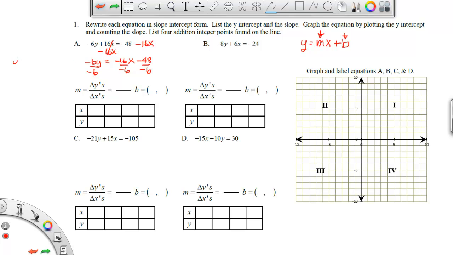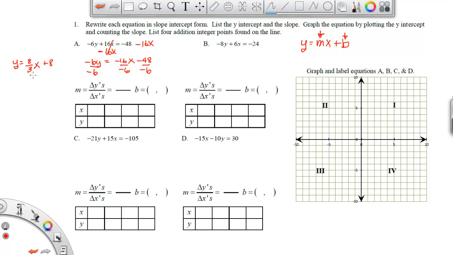So we've got y equals, this simplifies to 8 over 3x. 2 divides the top, 2 divides the bottom. 2 divides 16 by 8, 2 divides 6 by 3, and we know we have 2 negatives here, so this number now becomes positive. 48 divided by 6 is 8, and again I have 2 negatives here, so it will make that number positive. So there is this equation now in slope-intercept form.